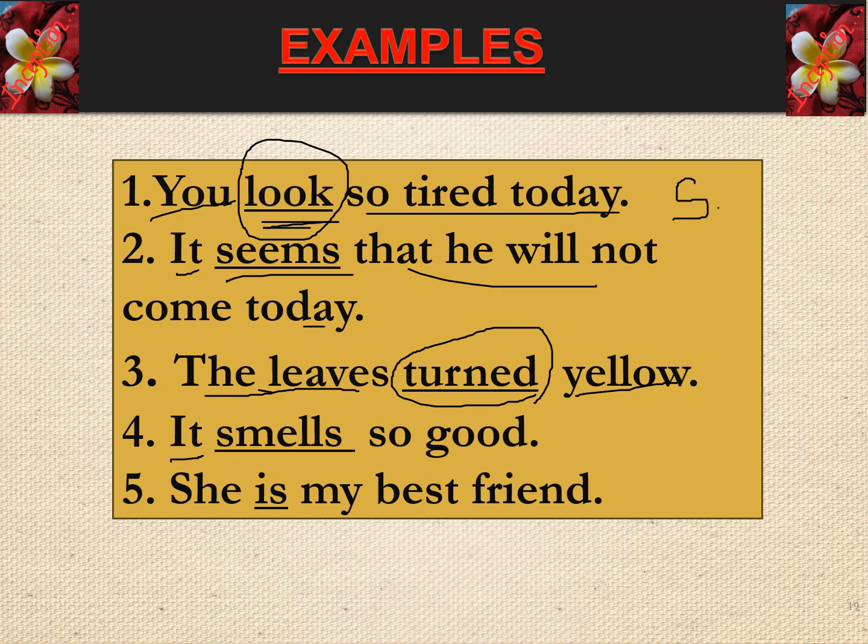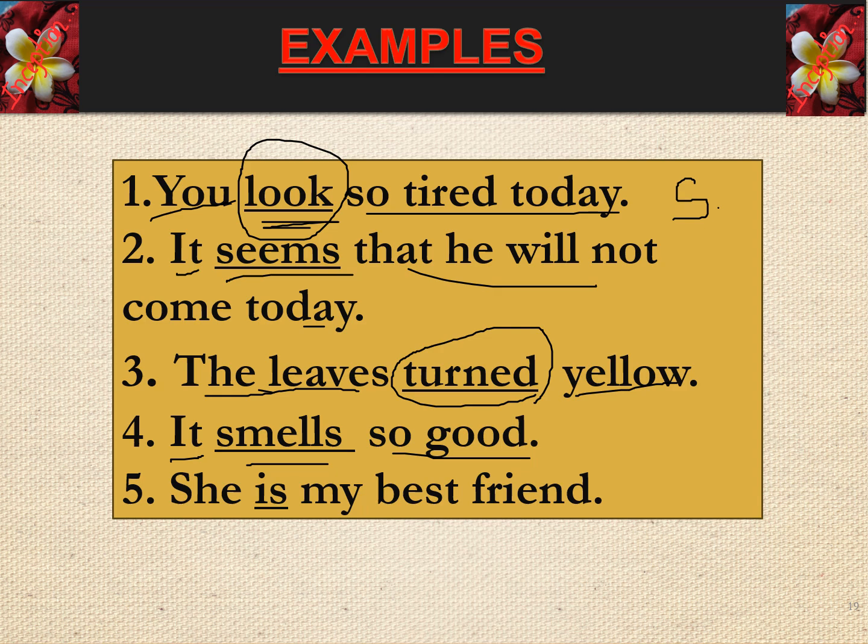It smells so good. It is the subject and so good is the information. But what is the linking verb? What is the joining verb? That is smells. Smells is the joining word of the sentence. She is my best friend.